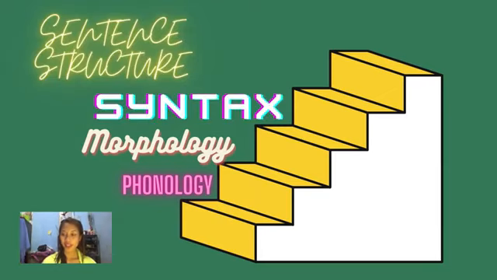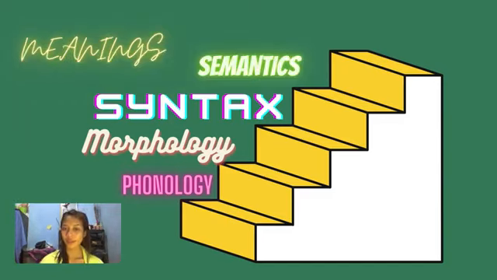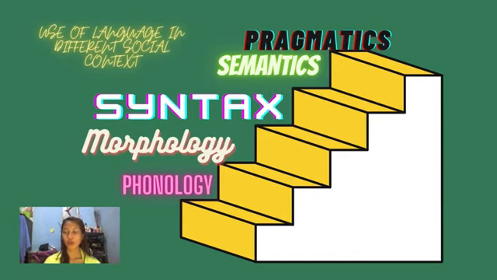Third, syntax. This is the correct or proper sentence structure. Now that we learned the level of sounds, words and endings, and correct sentence structure, now we can know the level of meanings, or what the meanings of each sentence are. That's semantics. Now we're here at the top or the peak of the staircase, which is pragmatics, the use of language in different social contexts.